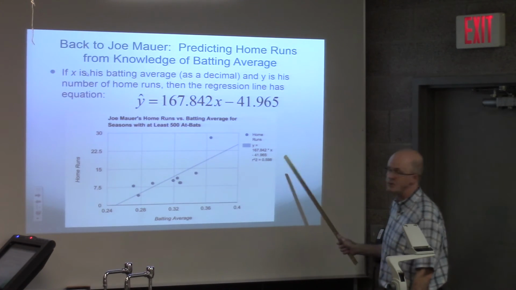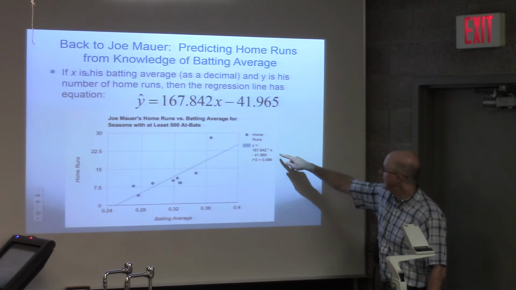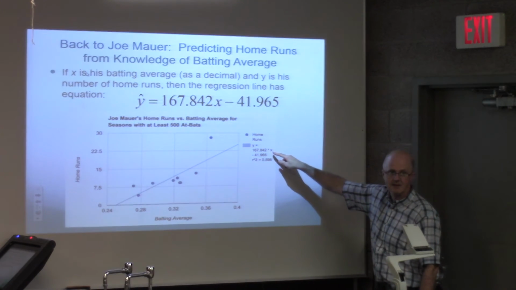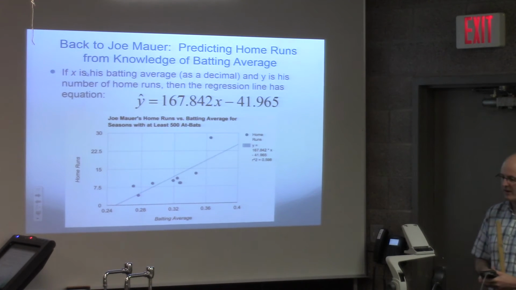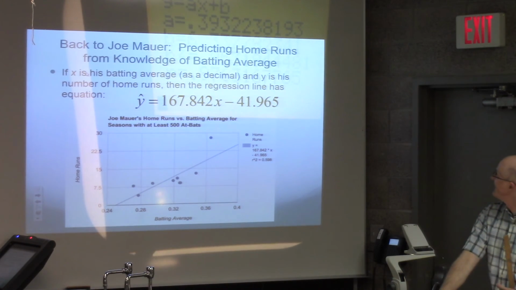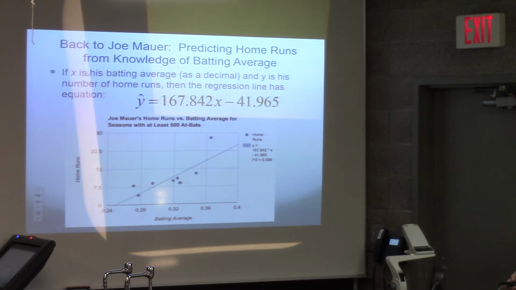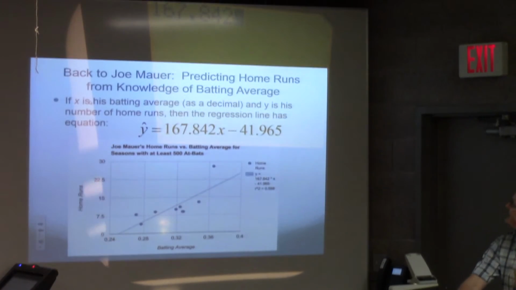You should also be able to use the equation. You'd plug in x equals 0.3. Why don't you go ahead and try that? Plug in x equals 0.3 into that equation. 167.842. So I'm doing it here.